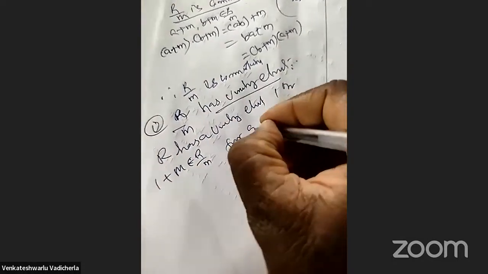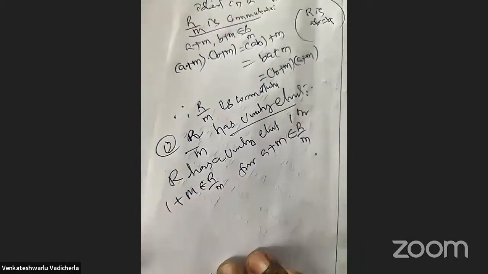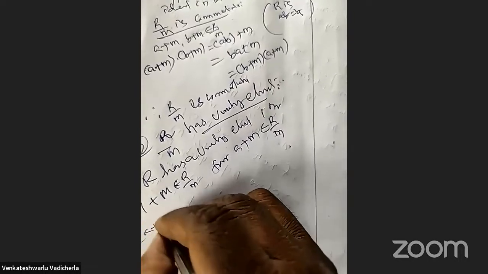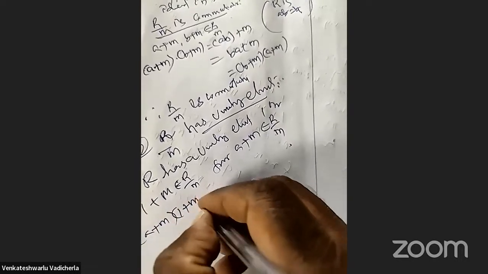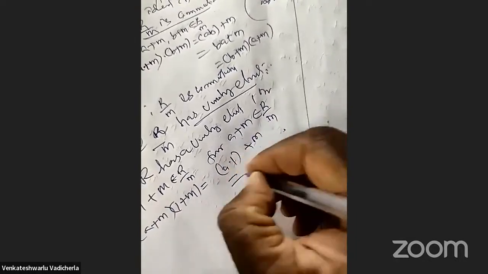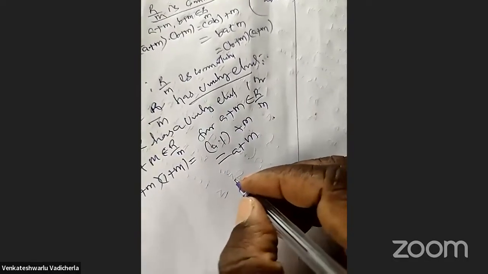For a + M belonging to R/M, (a + M)(1 + M) is equal to a·1 + M.